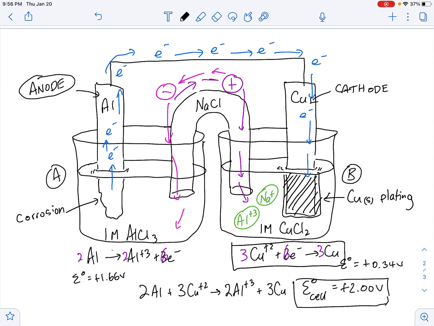So if you could overcome the 2 volts, push the electrons back the other direction, you could force the electrons to jump back onto the aluminum ions and make the aluminum reduce and get the copper to oxidize. And that's again the principle of a rechargeable battery.